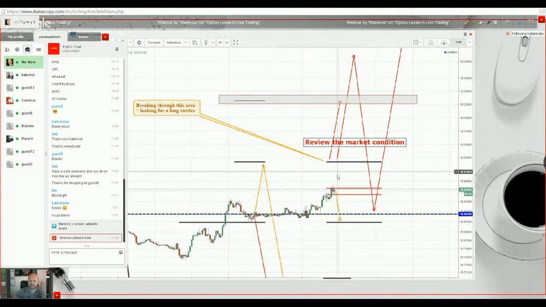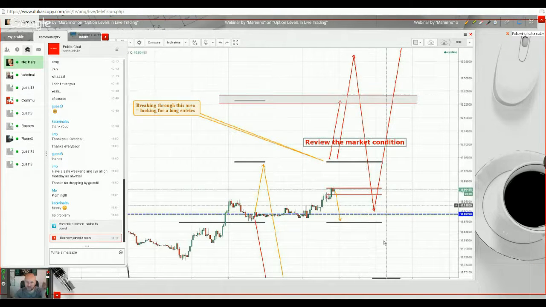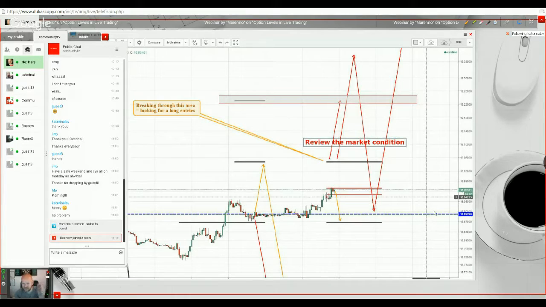So that's the logic. When the price is going up from here, it doesn't mean that it will just simply go up. It will go down, then it will go up, etc. That's something we are going to follow.